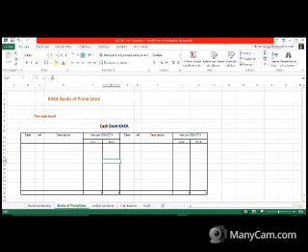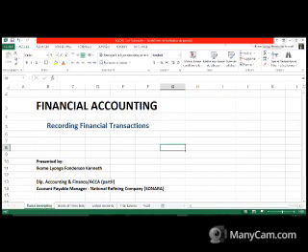Before I go into the details of this entry, I would like first of all to note certain aspects of double entry accounting. You have to bear these on your fingertips. Assets increase on the debit side and reduce on the credit side. Expenses increase on the debit side and reduce on the credit side.